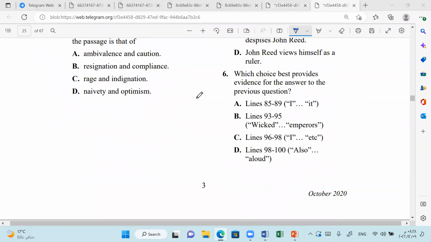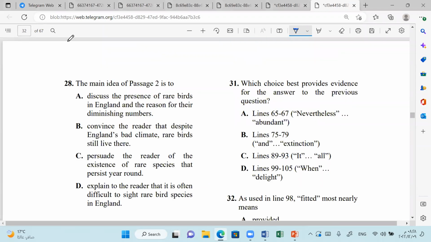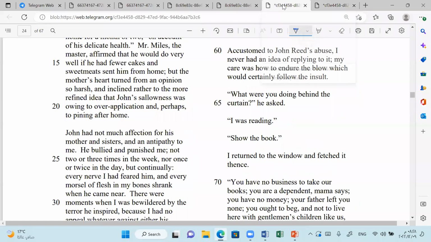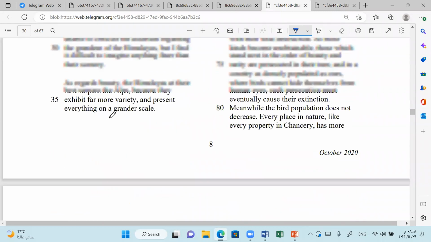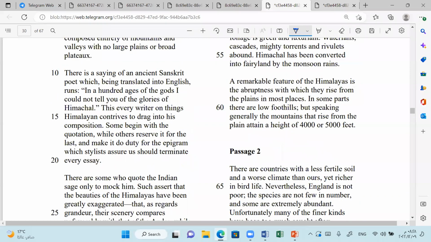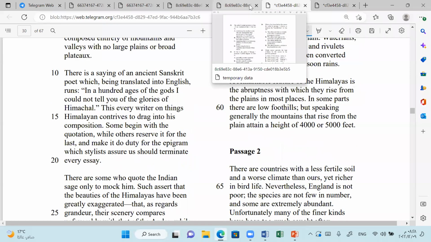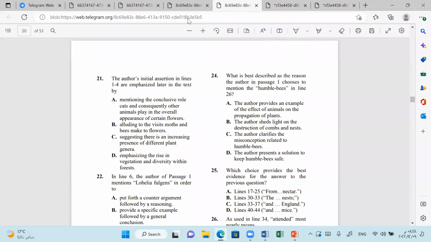Okay, let's go for another main idea question that will be on page, I guess, 32. The main idea of passage 2. So here it's asking you about the main idea of what? Let me just check.